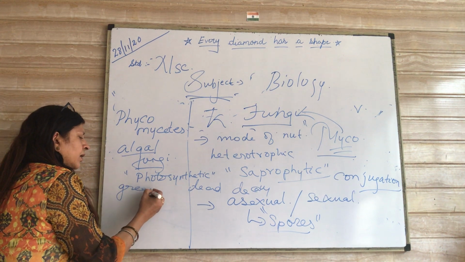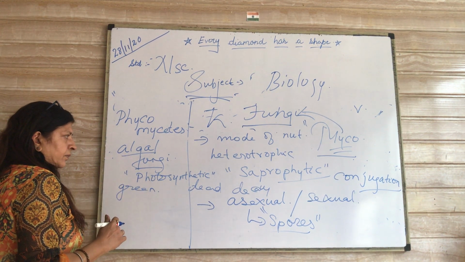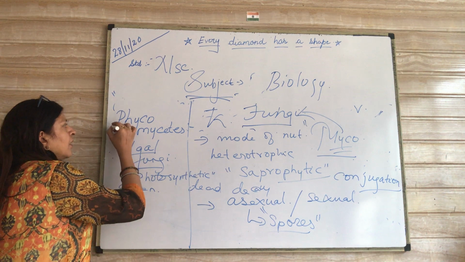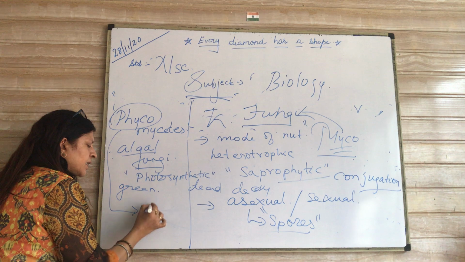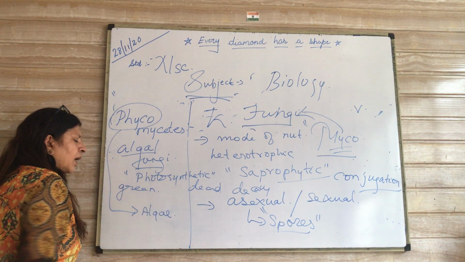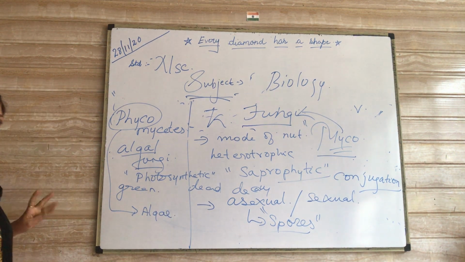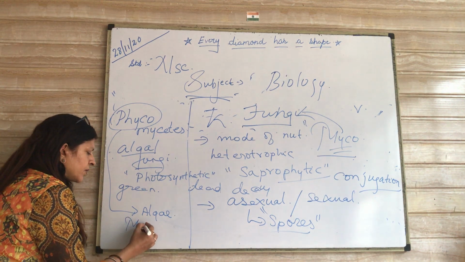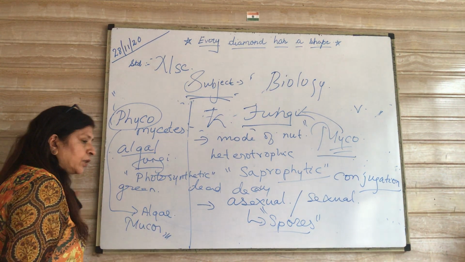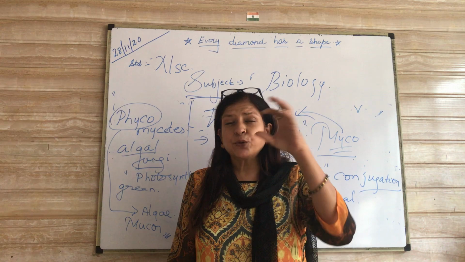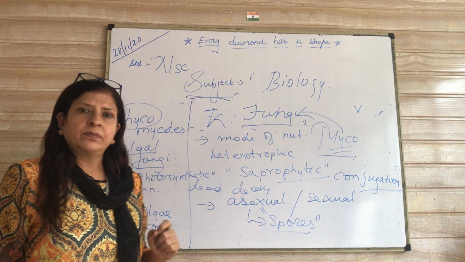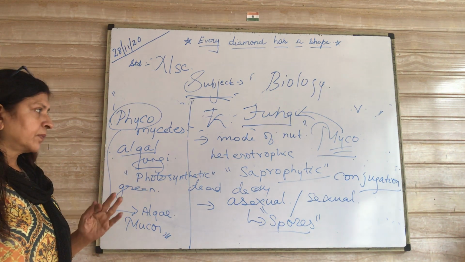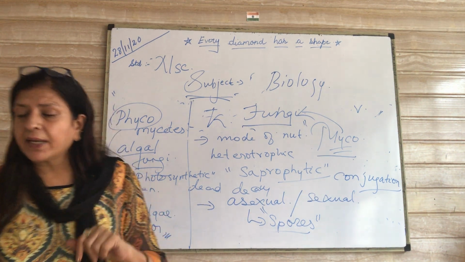It's green in color. Phyco itself means algae. A very good example I give here is Mucor, where you see a greenish-whitish growth on spoilt bread. Right?